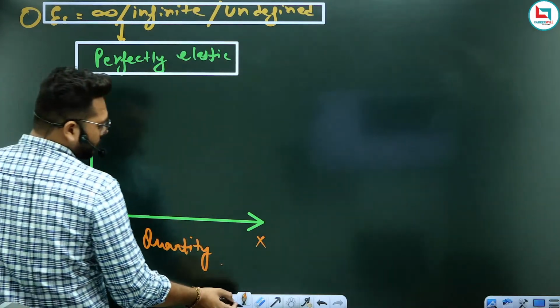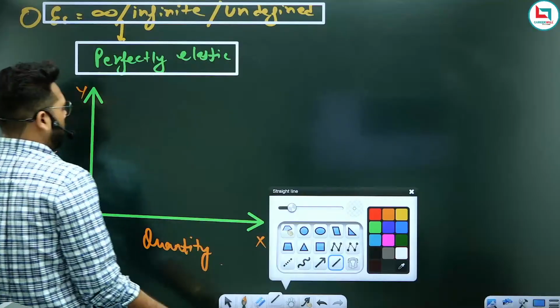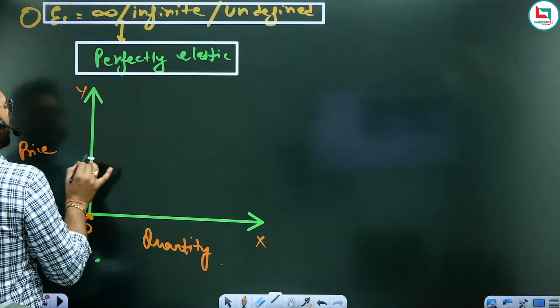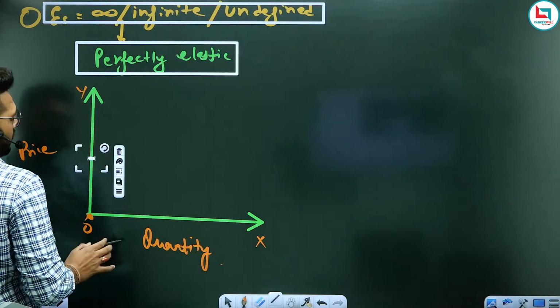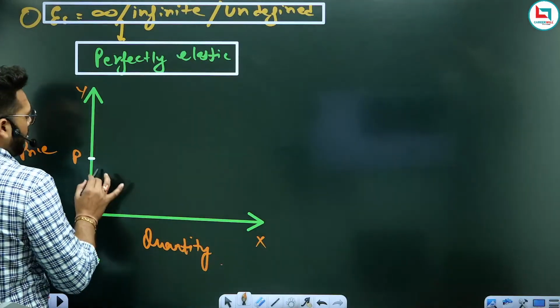Now here I just want to tell you one thing. Price is constant, as I just said. Let's say this is the price which is constant.